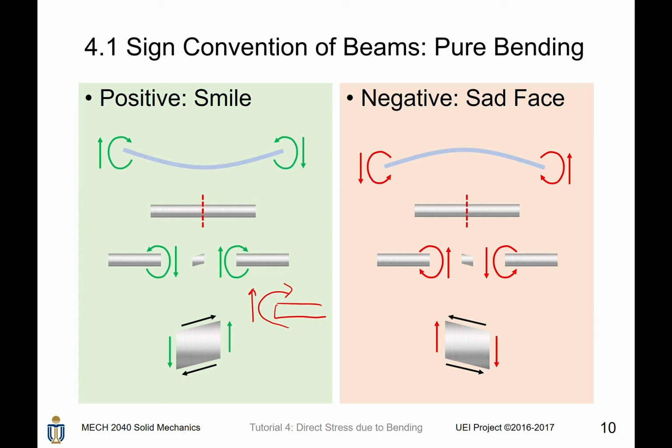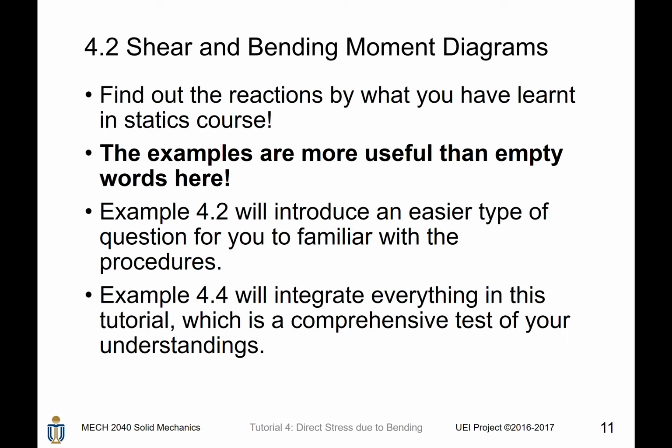It comes from the stress element located in between them. Similarly, for a negative shear stress, there is a negative force acting on the positive surface. Consequently, these two results are transferred to the beams so that we define the sign convention of beams under pure bending. Next, let's talk about the shear and the bending moment diagrams.